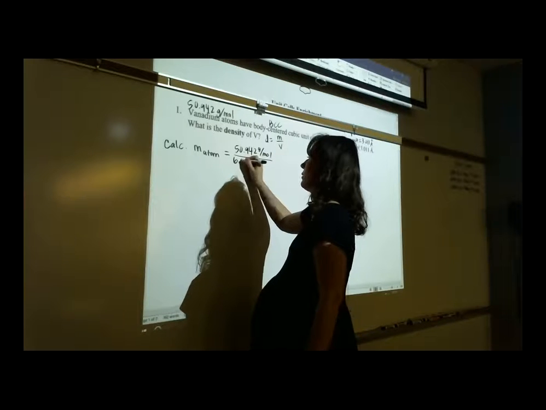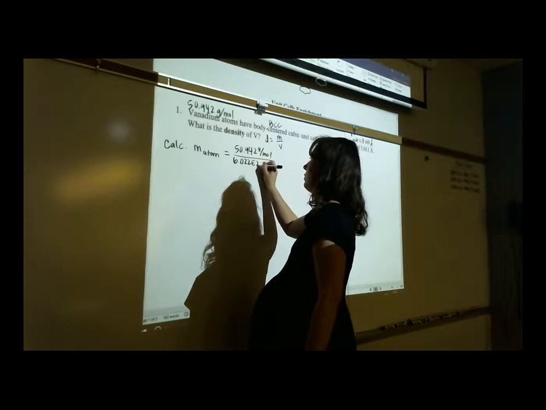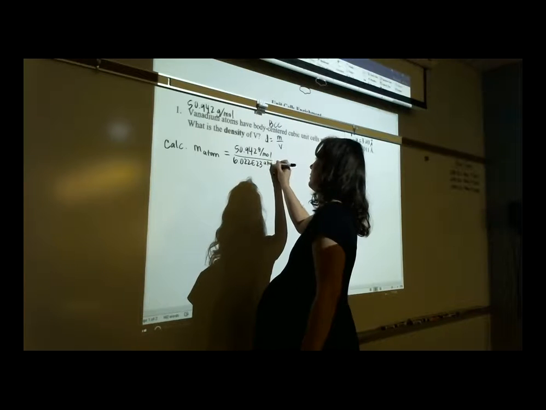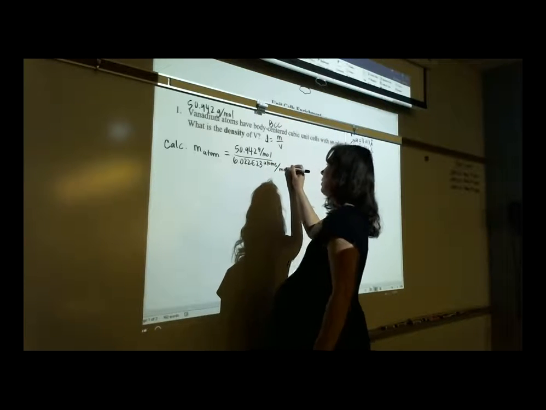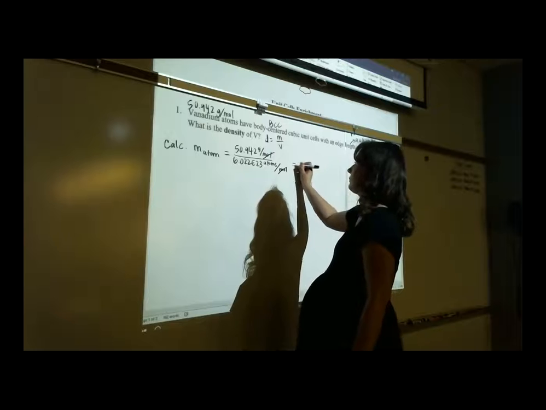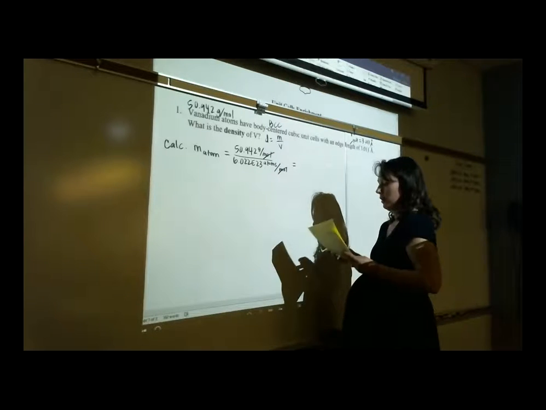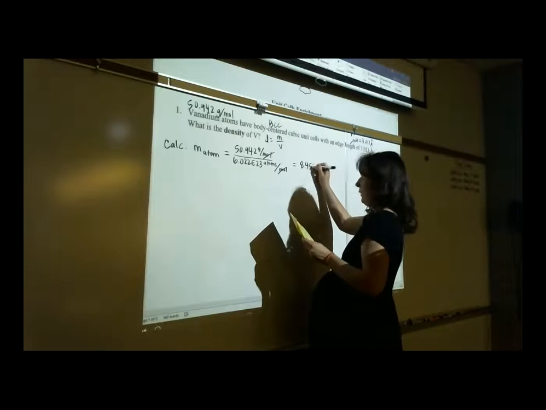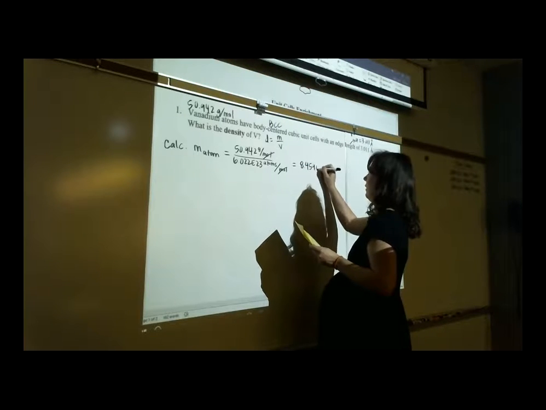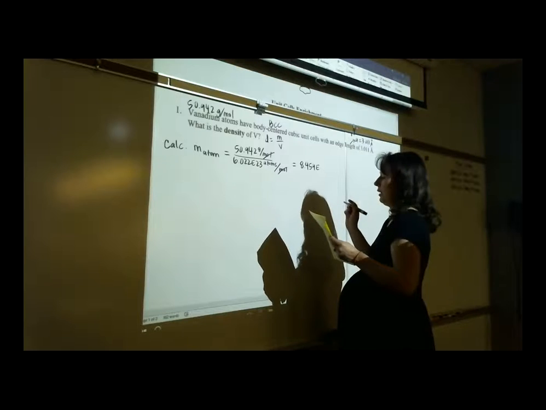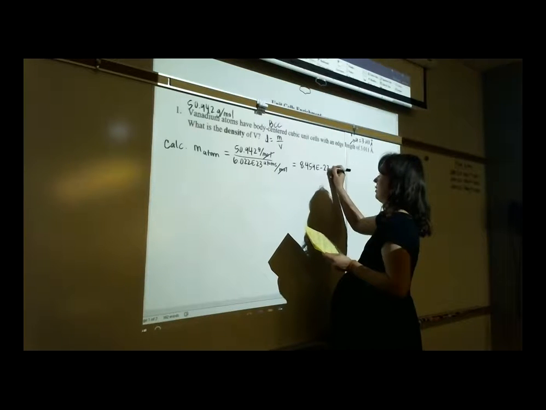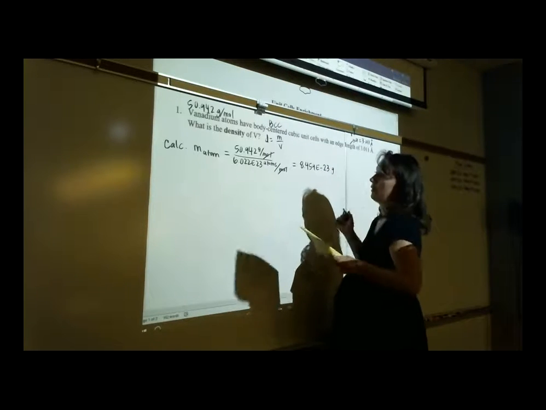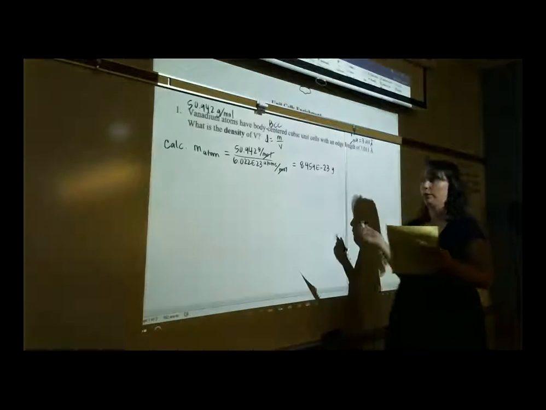Avogadro's number, right. 6.022 times 10 to the 23rd atoms per mole. All right, so those cancel. So that gives you grams per atom. So I got 8.459, you don't have to worry about sig figs really here, times 10 to the negative 23rd grams. That's the mass of one atom. That's what I came up with.